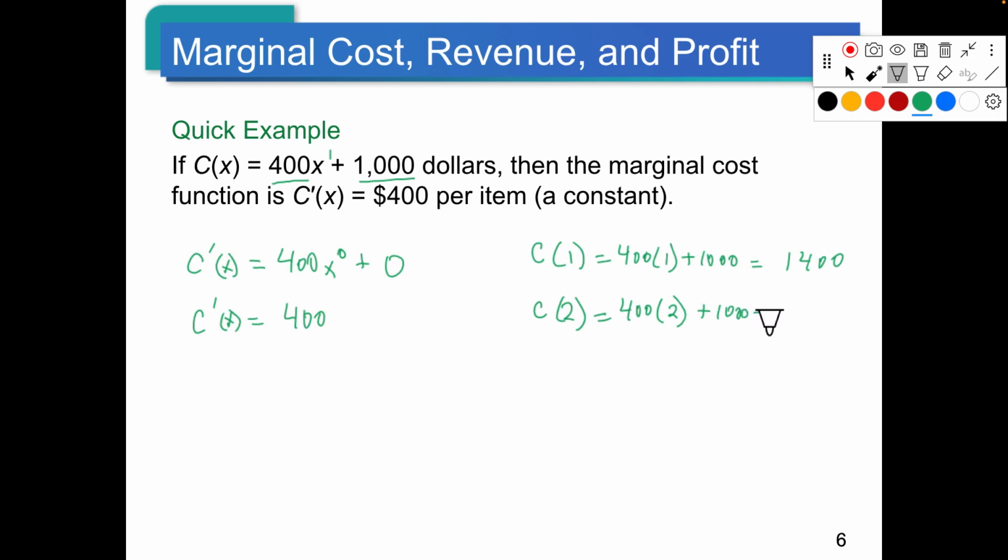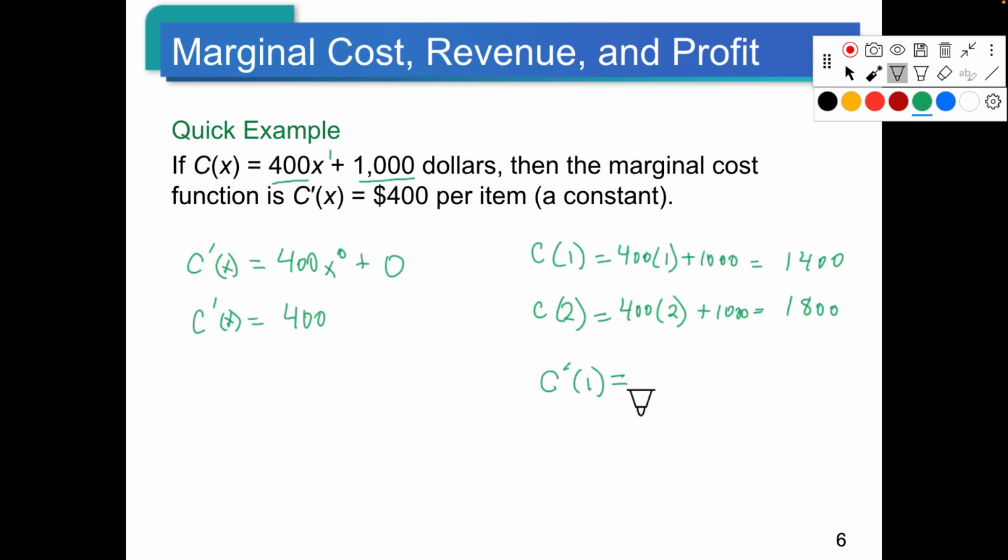That would be 1,800. But you notice, if I wanted the marginal of 1, again, what did we say the marginal would be? The additional cost to produce one more.